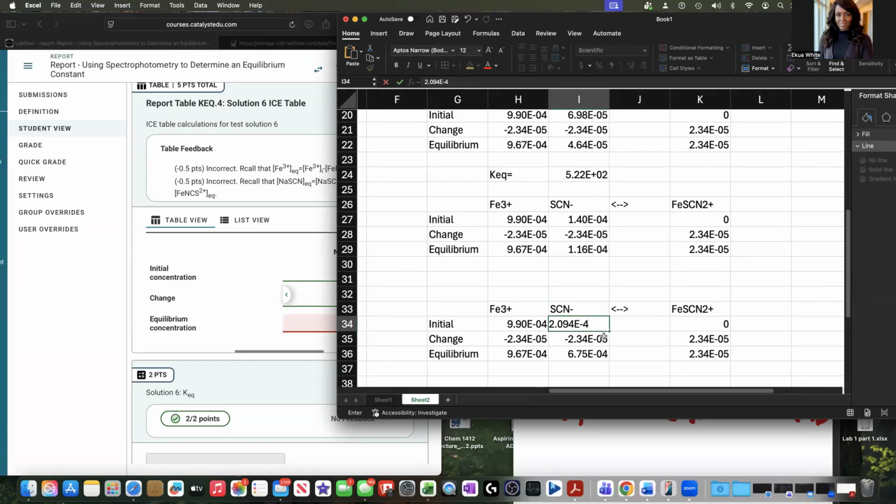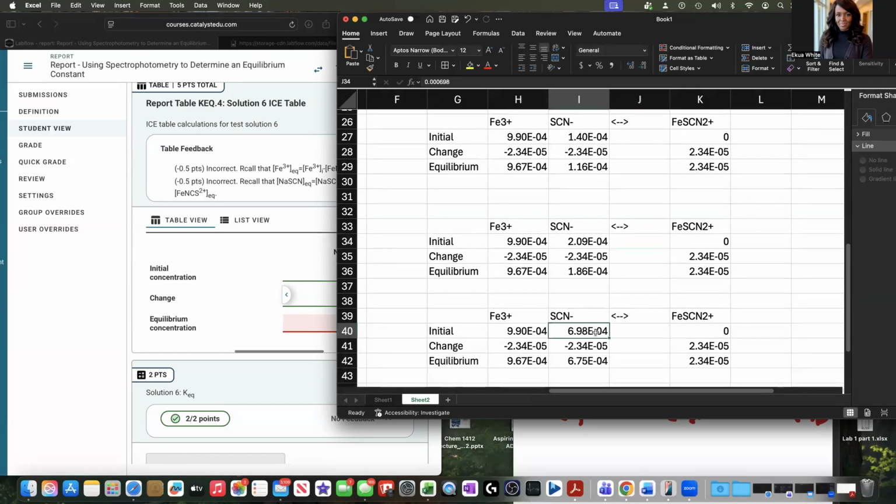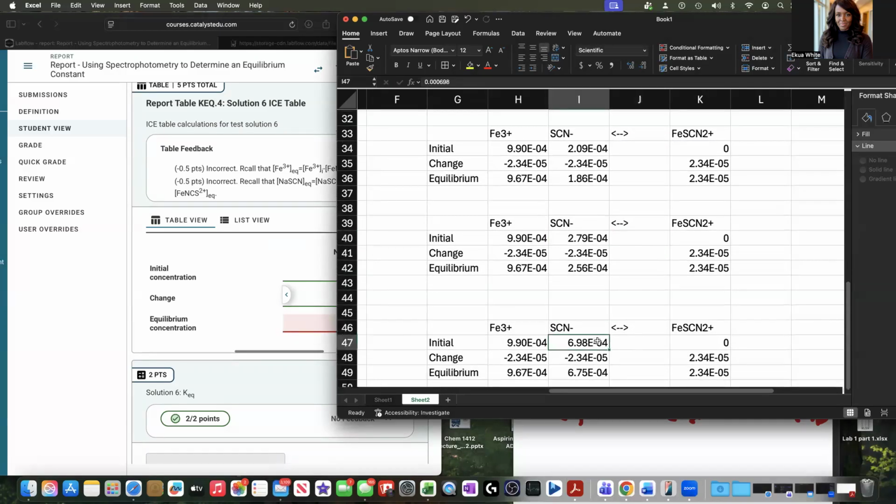I'm trying to get all the initial amounts squared away, and then it will make the process easier. 2.792 exponent negative 4. Persevere through. We have one more, and then 3.49 exponent negative 4. I have to use a notebook in all of this, okay?